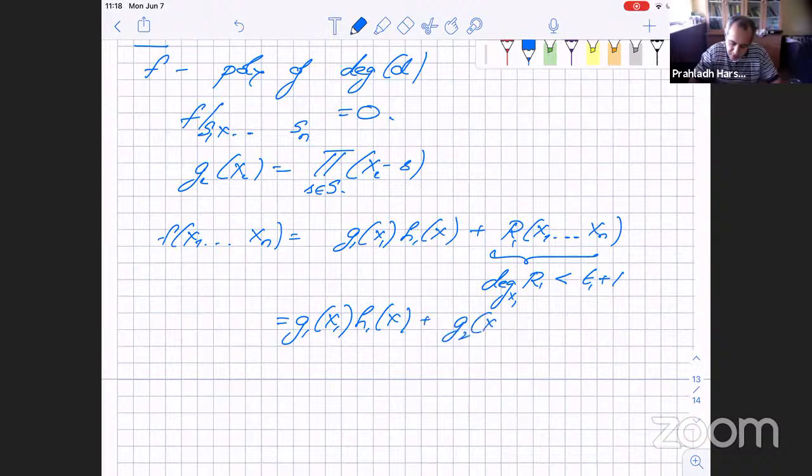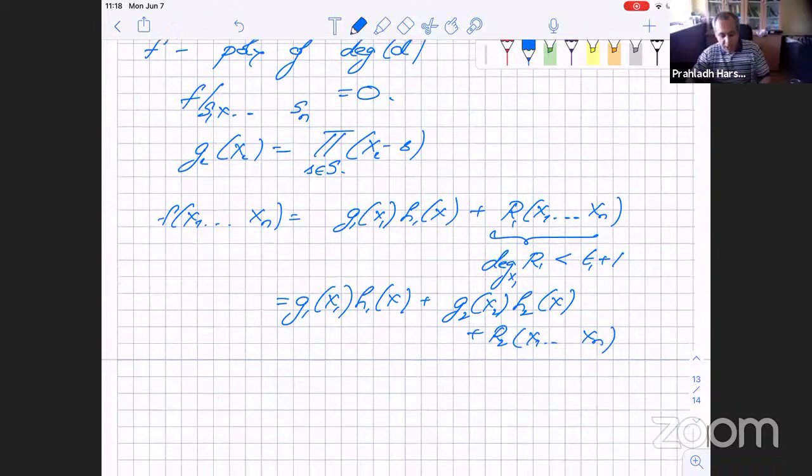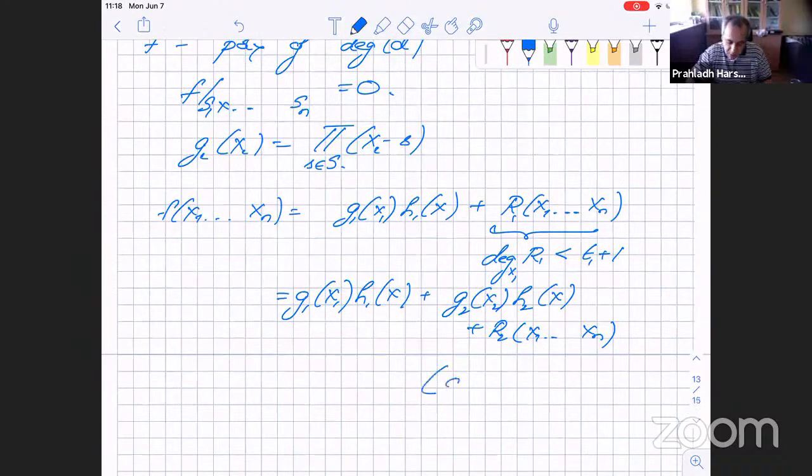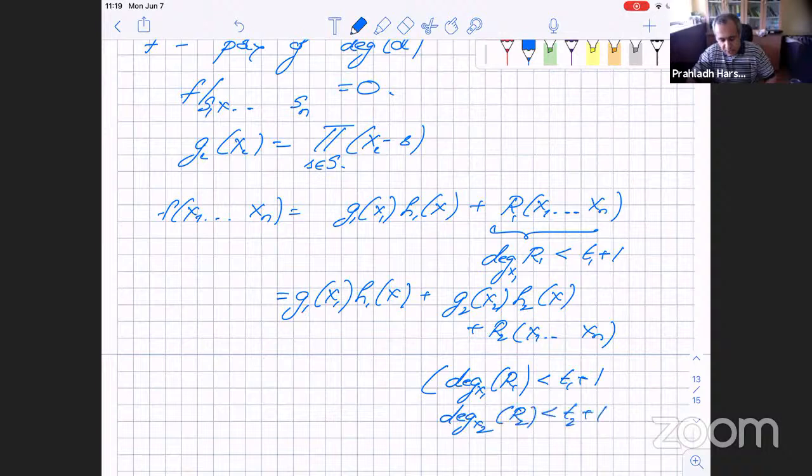Now do the same thing for x2: g2 of x2 times h2 plus some r2. Now I'm viewing r in this one, and I brought the degree down. The degree in x1 of r is not going to shoot up by that; it is still less than t1 plus 1. Furthermore, the degree in x2 will also be less than t2 plus 1.